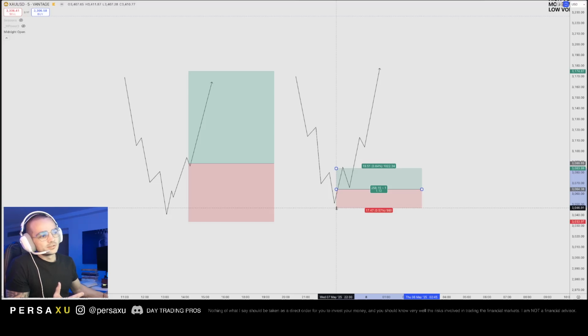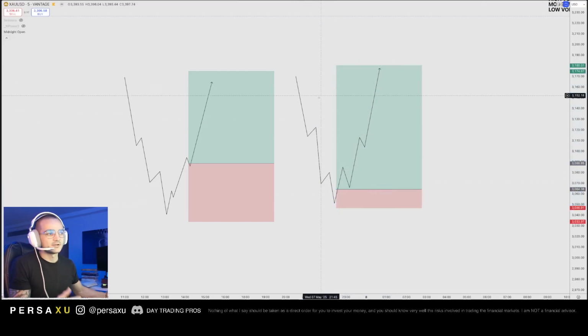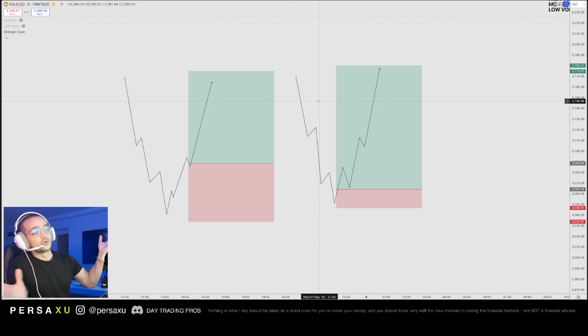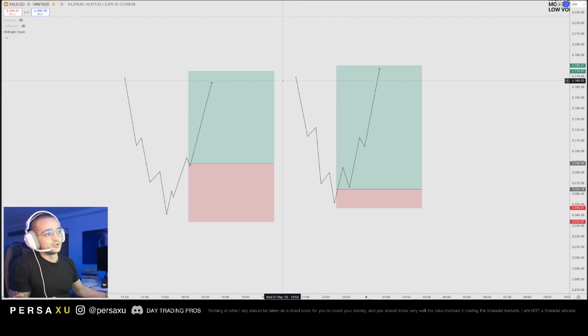You could lower your stop loss, or rather raise it, meaning decreasing it, and so you have a much higher risk to reward ratio. I know you're thinking, how do you know you can enter there? You'd have to be lucky to get that entry. Well, yes, and precisely because of that, you want to be as precise and as accurate as possible.